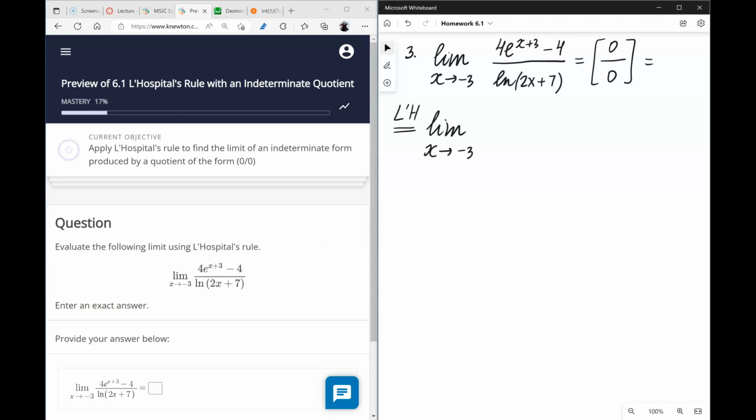the limit of this ratio is the limit of the ratio of the derivatives. So let's find the derivative of the numerator. It's going to be 4e to the power x plus 3 times the derivative of x plus 3, which is just 1. And in the denominator we have the reciprocal times the derivative of that function. Let's simplify it.